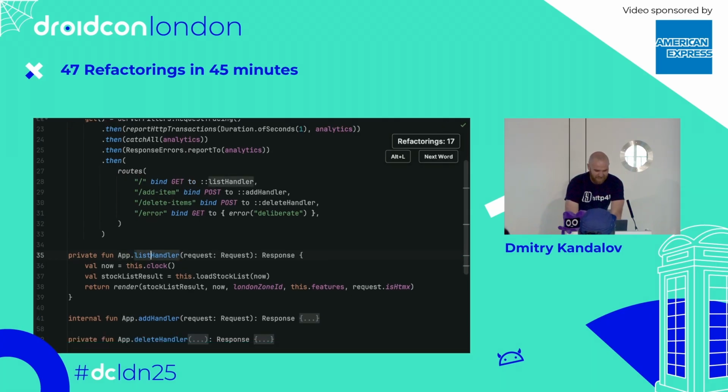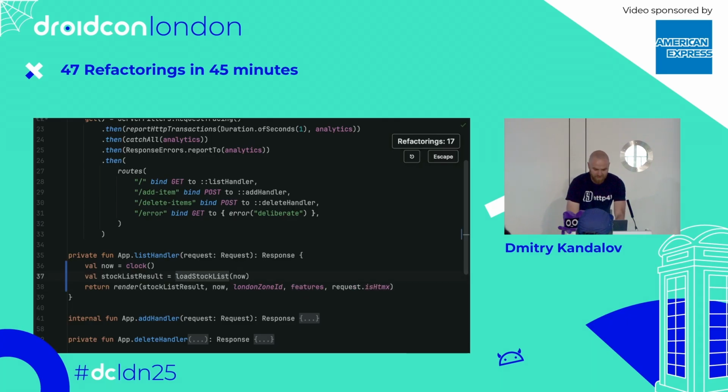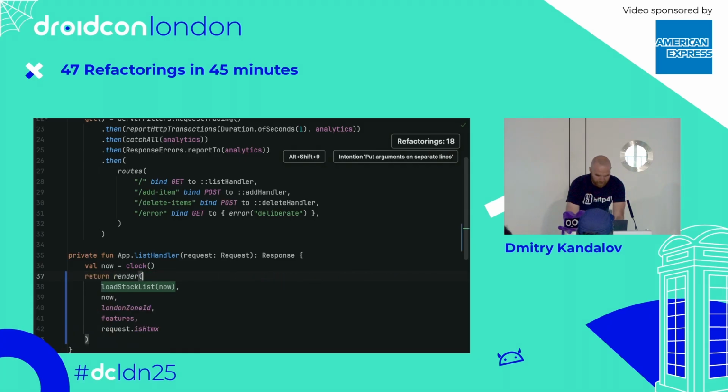So inside the listener, what are we doing? We access this, which is the app, and I'm not sure I would want to have this. I would just remove the redundant this, and I think this is a bit of an improvement. And then we're really using this variable once, so maybe inline. Maybe put things on different lines and give them names.